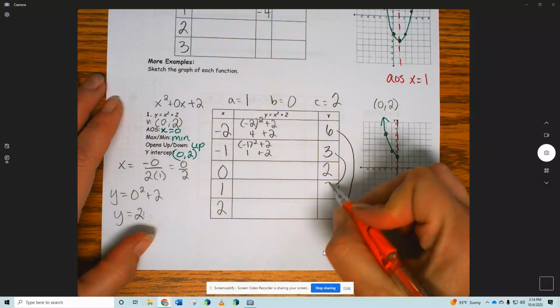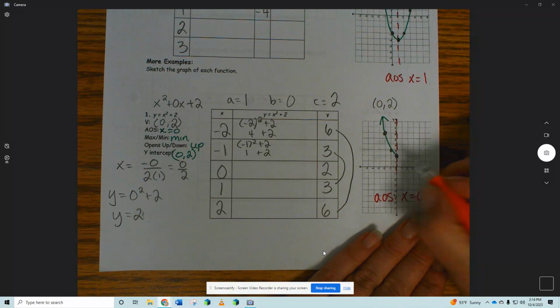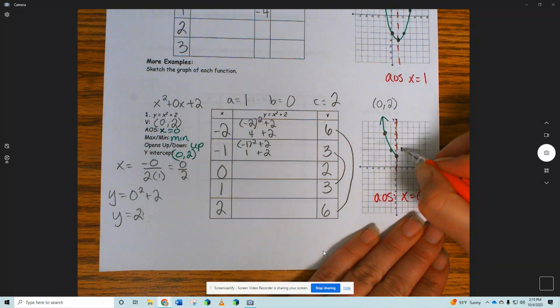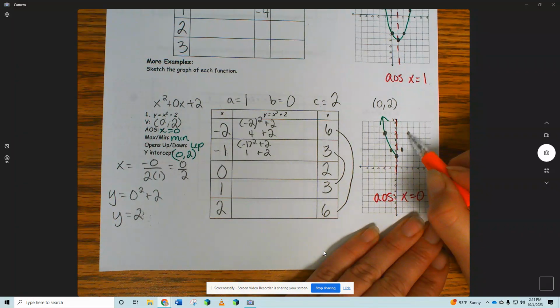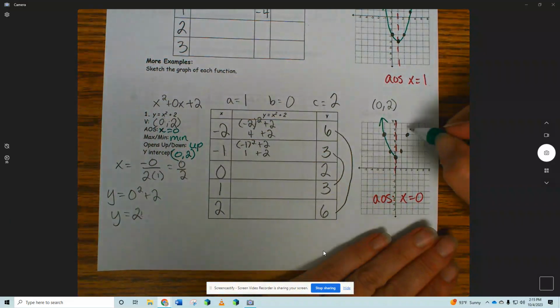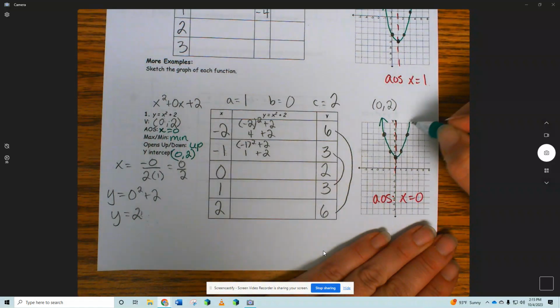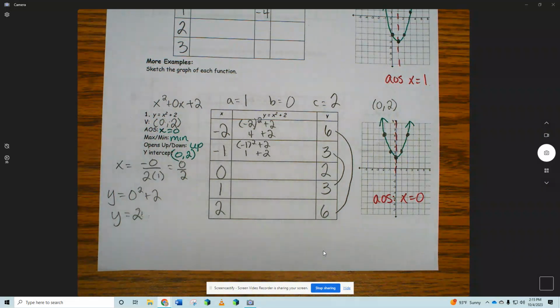So this better be 3 and this better be 6. If this is 1 away, this will be 1 away, and if this is 2 away, that'll be 2 away. So I can predict what the rest will look like.